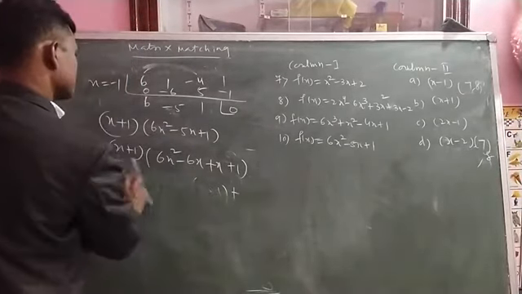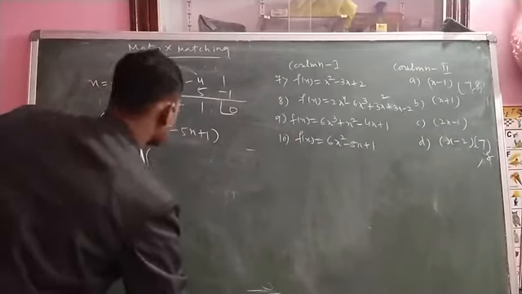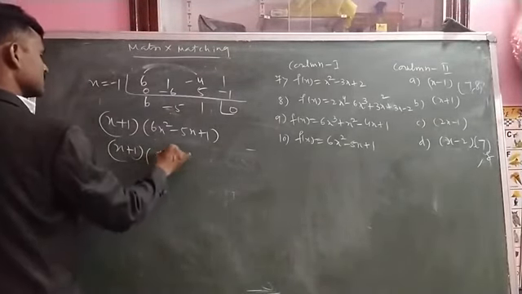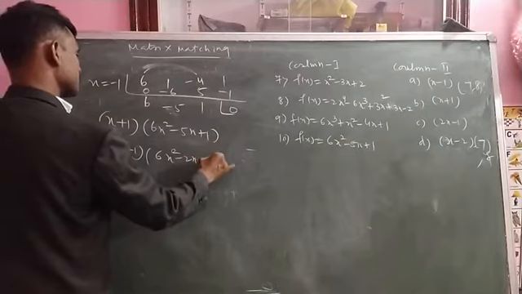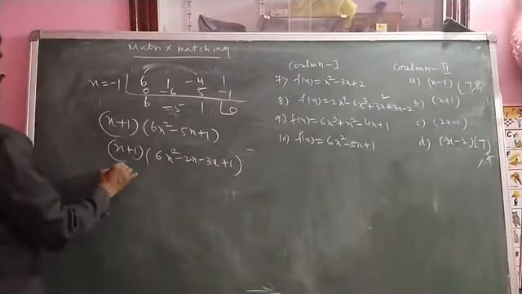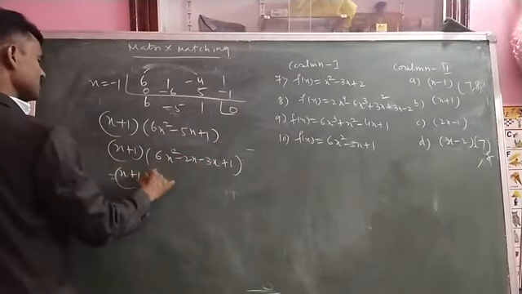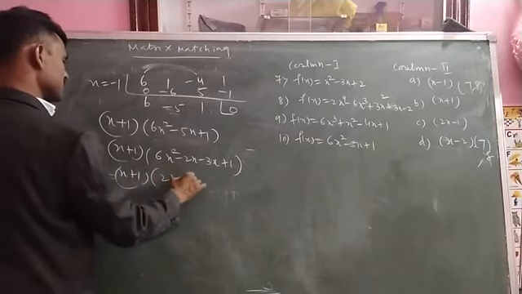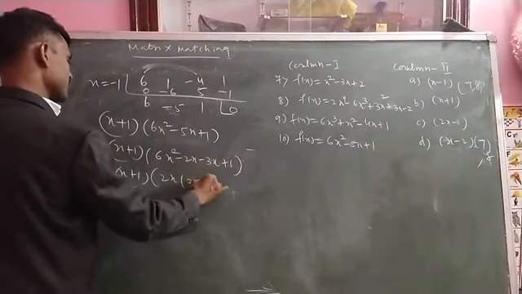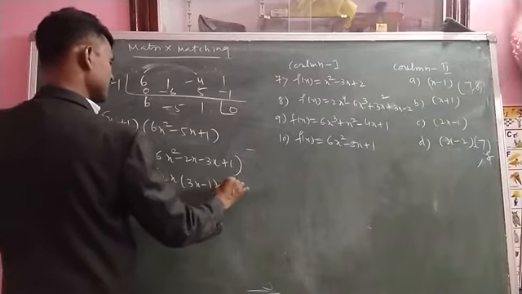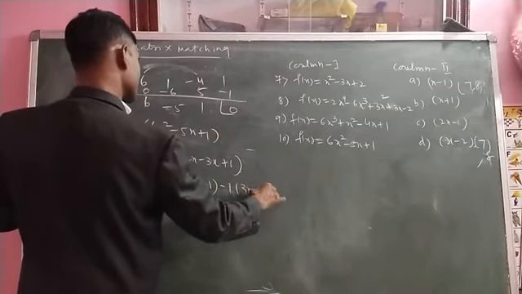Or otherwise, 2x plus 3x, 6x square minus 2x minus 3x plus 1. Here x plus 1 into, in these two terms you have to take common 2x, then 3x minus 1, and here 1 common, 3x minus 1.